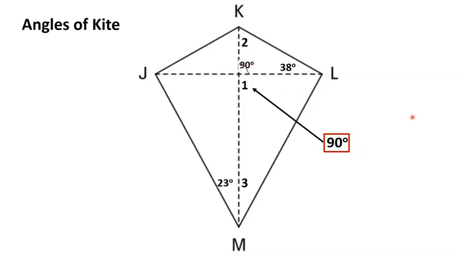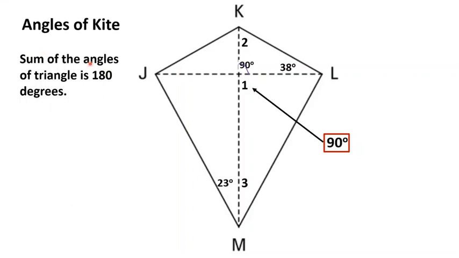Now, an additional part of this activity: you have to remember that the sum of the angles of a triangle is 180 degrees. So in this triangle, the sum of these angles is equal to 180 degrees. Therefore, angle 2 plus 90 plus 38 degrees should be equal to 180 degrees. With this information, we will be able to look for the value of angle 2.